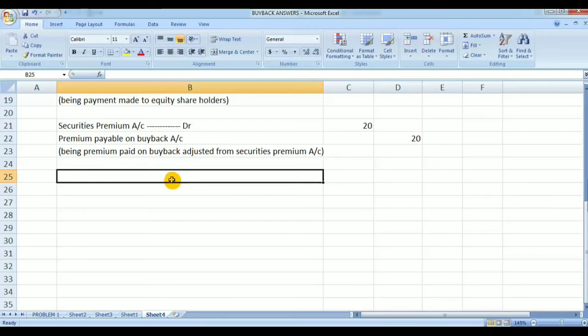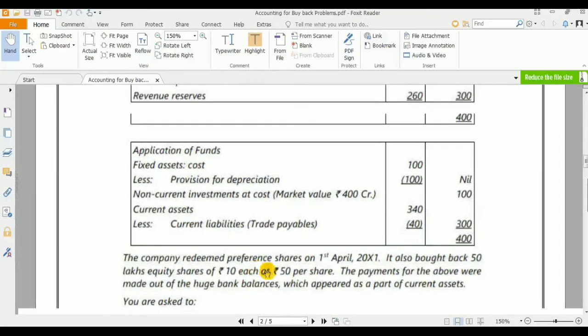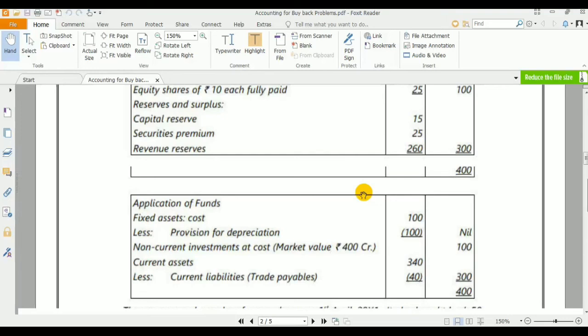How will we do that, and from where will that amount be taken? In the sum it is given that all these payments have been made from current assets, so from free reserves we need to take the money and create a separate reserve, capital redemption reserve, which will only be used for issuing new bonus shares by the company.